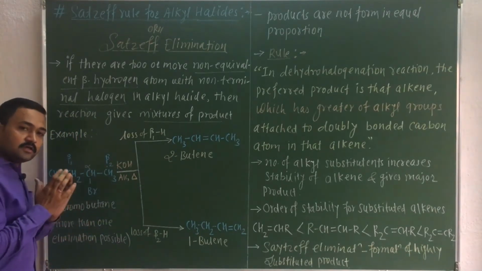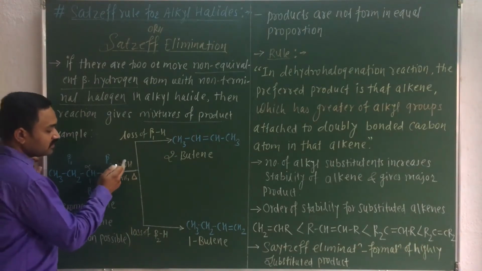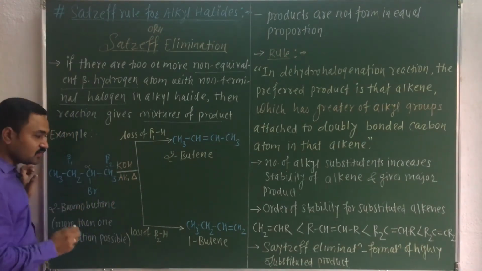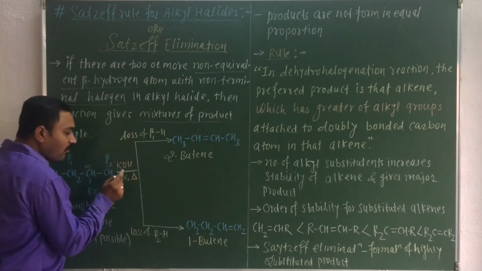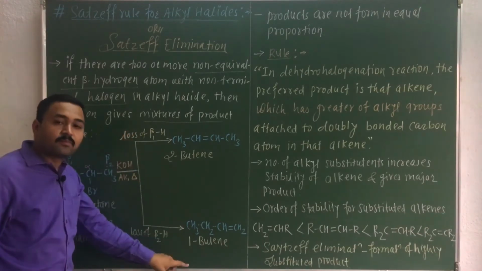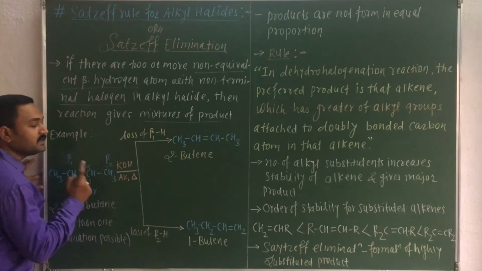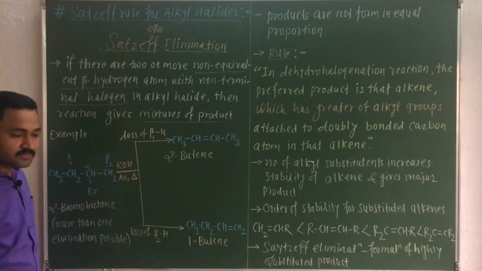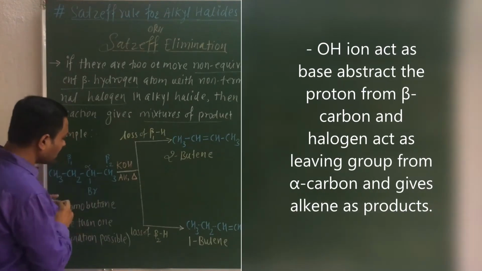You know that in elimination reactions we always treat our alkyl halide with alcoholic KOH. When 2-bromobutane is boiled with alcoholic KOH, it gives two different products, as two non-equivalent beta hydrogen atoms are present here. You can observe one important thing.